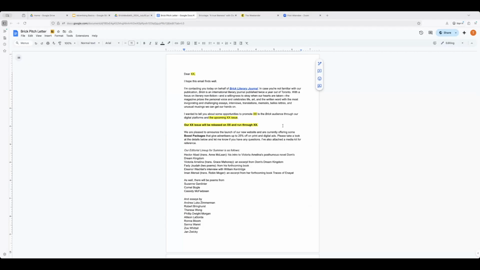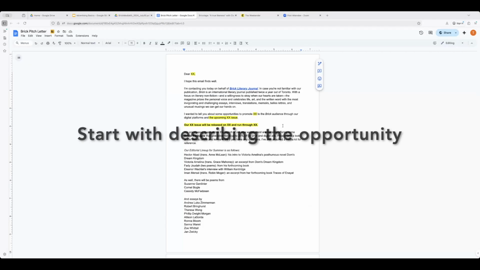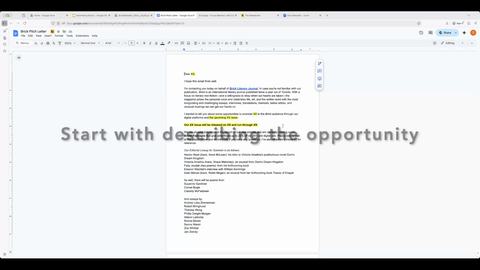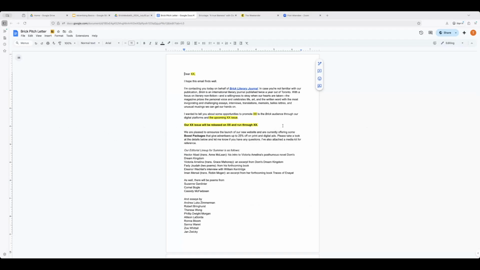I generally encourage people to start a pitch letter with, what is the opportunity and what specifically do you think that advertiser should be promoting to the Brick audience and when, right? The easier you make it for people to advertise in your publication, the easier it's going to be for them to want to advertise.